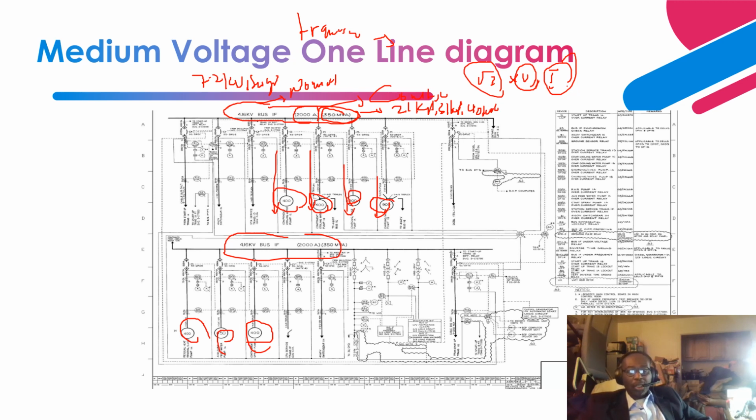So, you have an incomer on this switchgear that comes in and provides power to this bus, and this bus is tied to this bus. Same thing here: you have an incomer that is fed from a dedicated source.